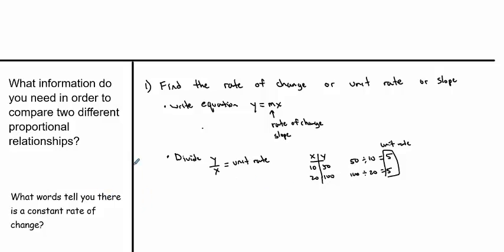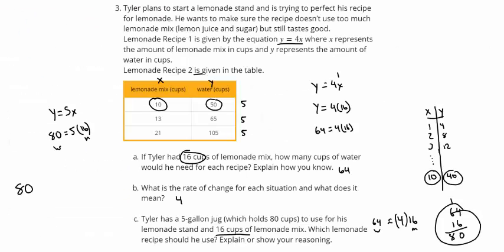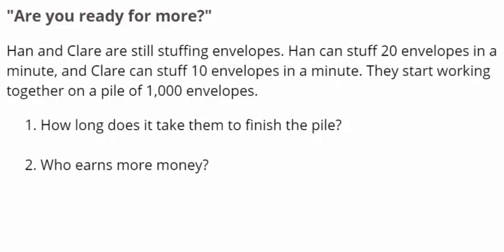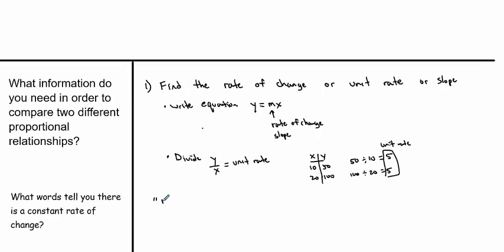Okay? What words tell you that there's a constant rate of change? Well, what are some of the things that we looked at here? This one really doesn't say anything. It's not words, right? So what were some words here? For every, right? $15 for every 300. That tells us our rate. So we could say for every. What's another one we used?